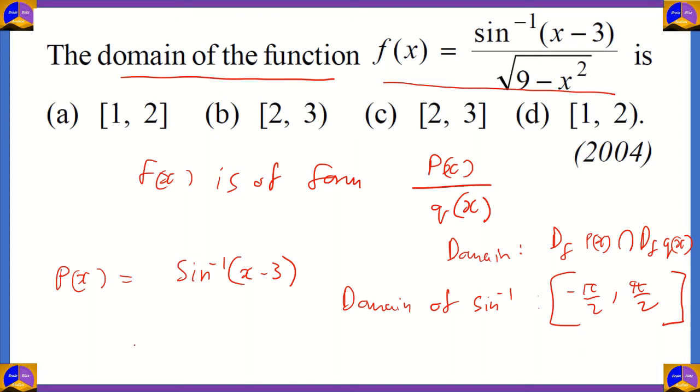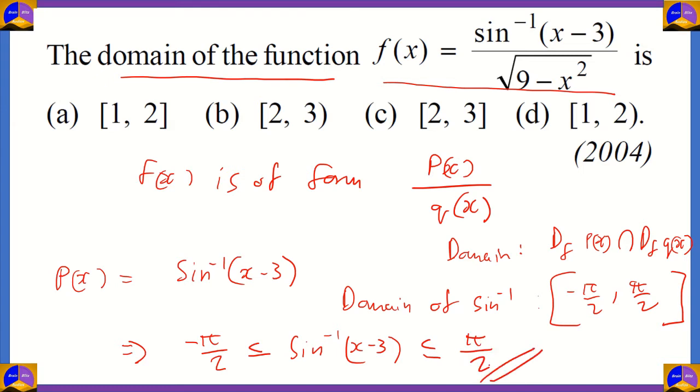So therefore, you can write minus pi by 2 is less than or equal to the function p of x, that is sine inverse of x minus 3, which is less than or equal to pi by 2. So this is the general equation that we get. So from this general equation, how do we get the domain of x?